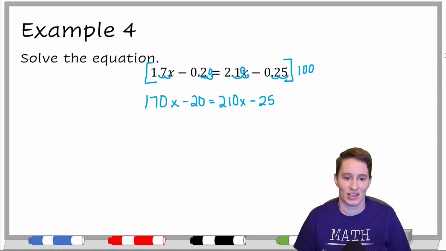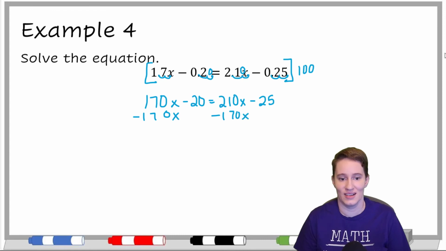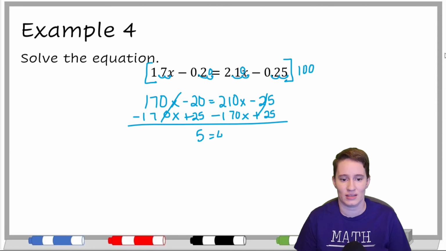So I'm going to subtract 170x over here. I'm going to add 25 over here. So I have 5 equals 40x. And divide by 40. So if I simplify 5 over 40, I divide them both by 5 and get 1/8.